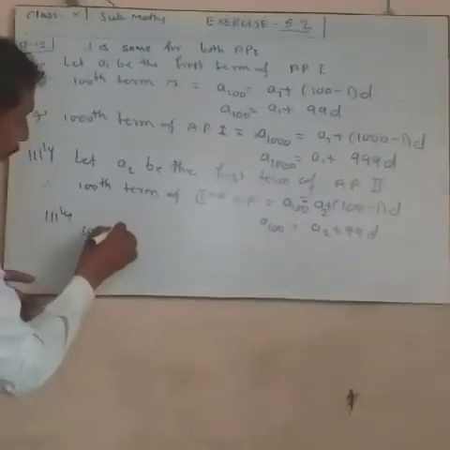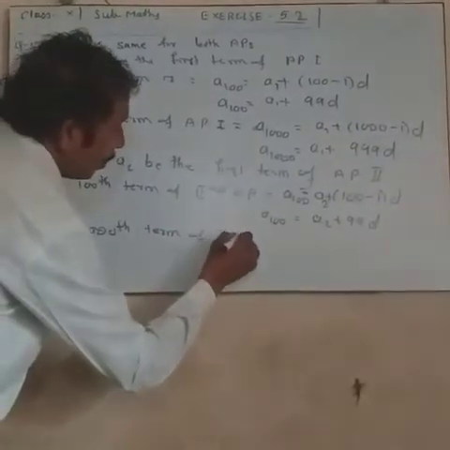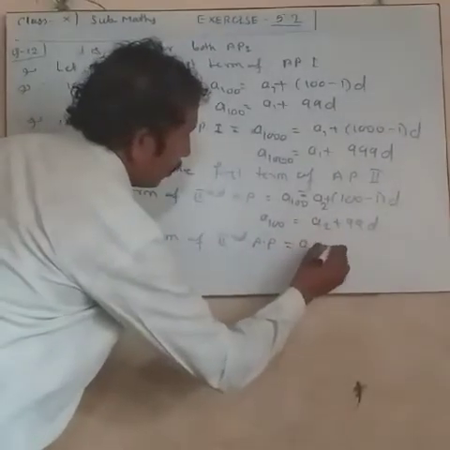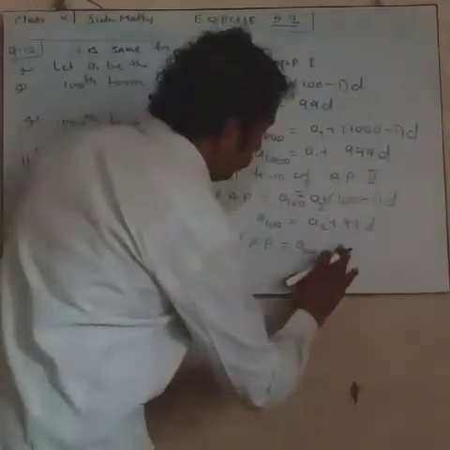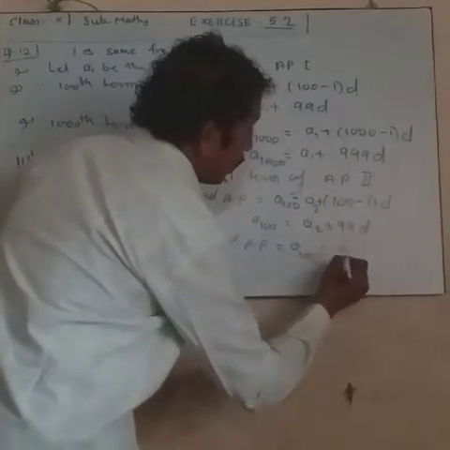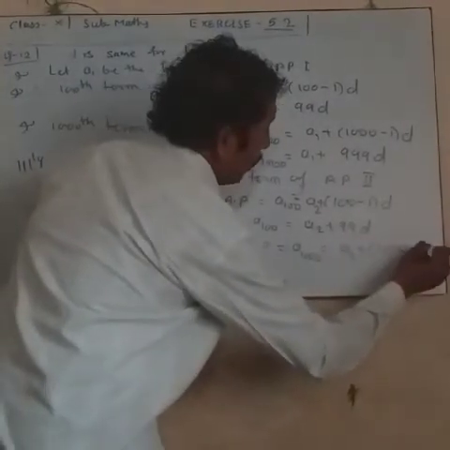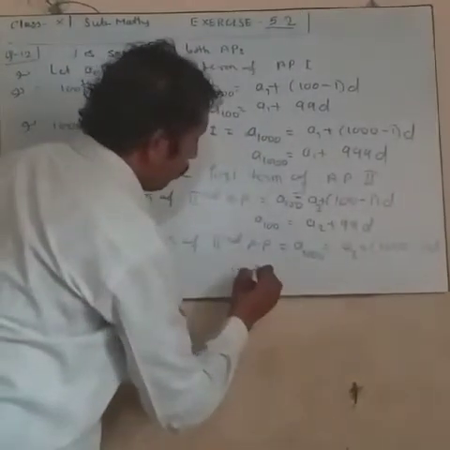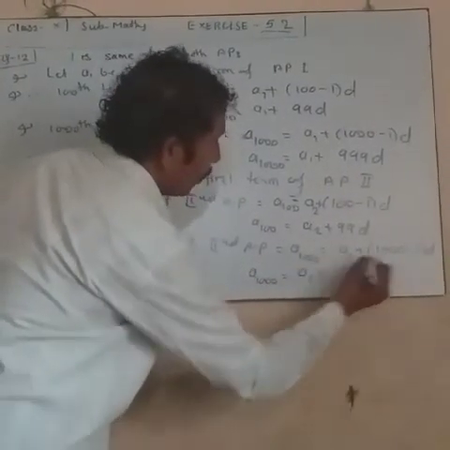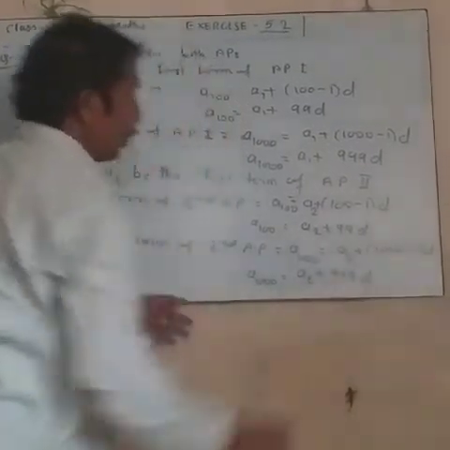Similarly, the thousandth term of second AP is A1000. A1000 is equal to first term A2 plus 1000 minus 1 into D. Therefore, A1000 is equal to A2 plus 999D.